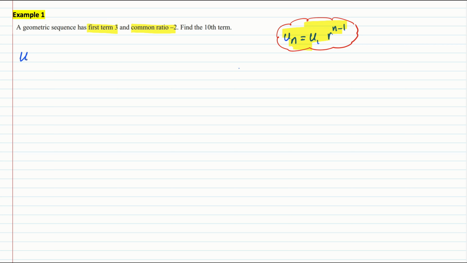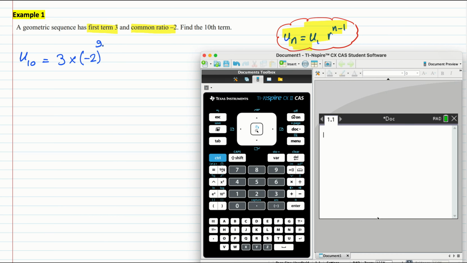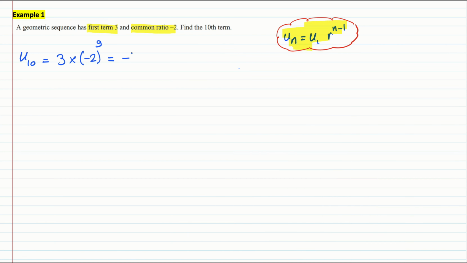You want to find U10 equals the first term 3, U1, multiplied by the common ratio -2 to the power of the term number minus 1, which is 9. You may use your GDC to evaluate the answer. So you have 3 multiplied by -2 all power 9. The answer is -1536.